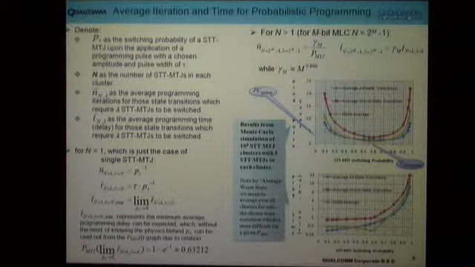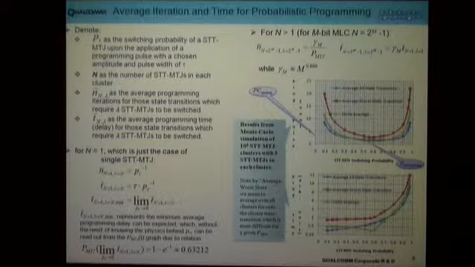When this tends to be infinitely small, this number will be infinitely large, but we can reach a minimum average programming time. And luckily, we don't need to know the detailed physics behind p(tau) to find out exactly what this minimum average programming time is for a given STT-MTJ fabrication process.